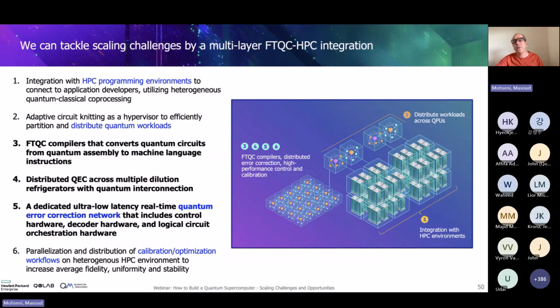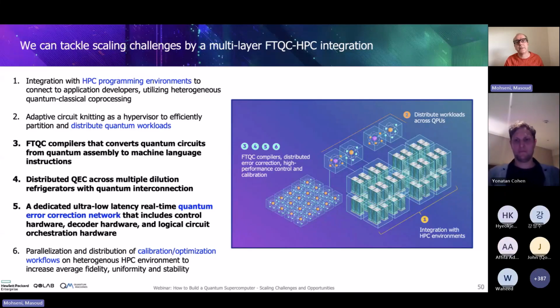So if you want to think about this a bit deeper, you realize that if you want to integrate a fault-tolerant quantum computer, there are other layers of HPC integration that you have to consider. I already talked about the top layers, which is just running a quantum computer as a subroutine, and a circuit knitting or hypervisor that does workload distribution, which I'm going to talk about later in detail.